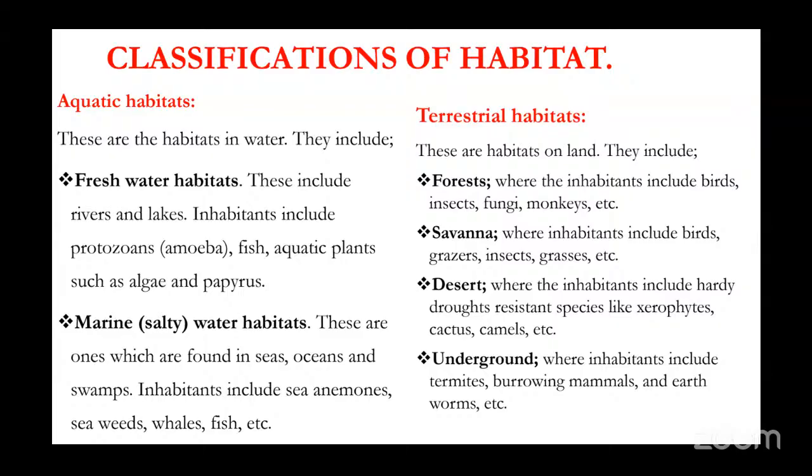Now we have the marine salty water bodies. This salty water can be seas, can be oceans, and sometimes it can be swamps. Now the inhabitants, such kind of organisms which can be found in such environment, are whales. We have seaweeds, and then sea anemones.